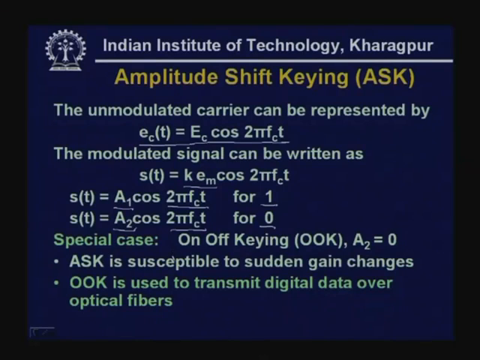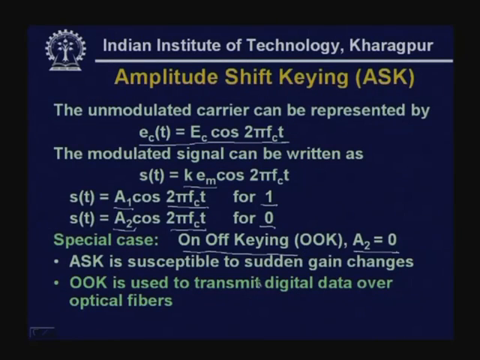And a special case of this is whenever this A2 is equal to 0. That means, whenever the data is 1, the amplitude of the modulated signal is A1, and when the data is 0, the amplitude of the modulated signal is 0. This special case is known as on-off keying or OOK.